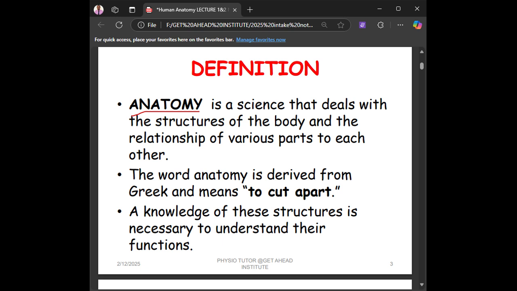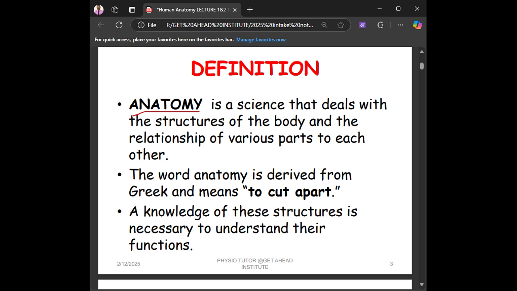Okay, so if you are considering the stomach, if you are studying the stomach, you take into consideration the relations when it comes to the stomach. That is what anatomy basically does.